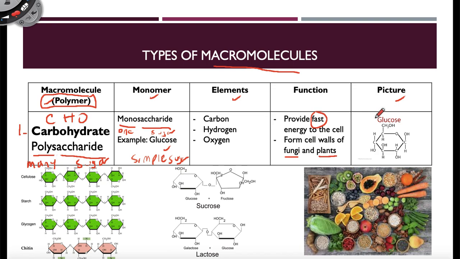Now, this is a picture of glucose, which is the monomer that makes up this polymer or this polysaccharide. If you look at glucose, it likes to form this ring structure. And if you see the ring structure, it's got 1, 2, 3, 4, 5, 6 sides.